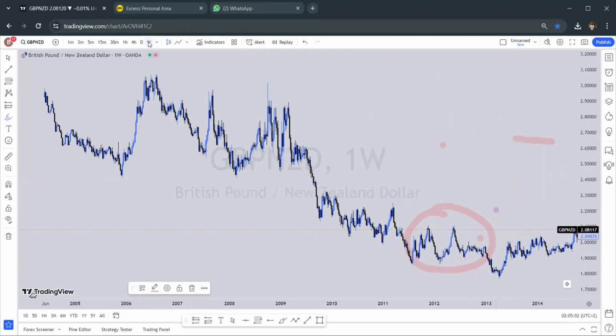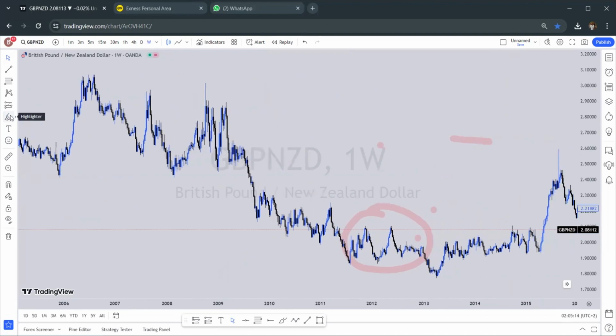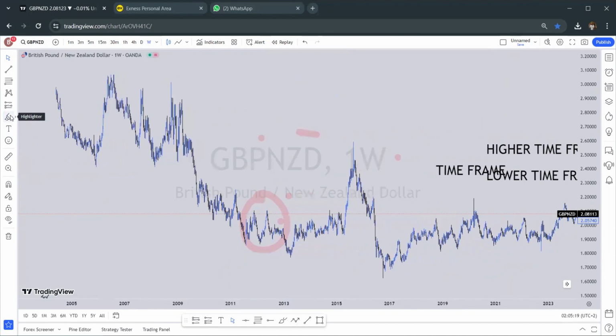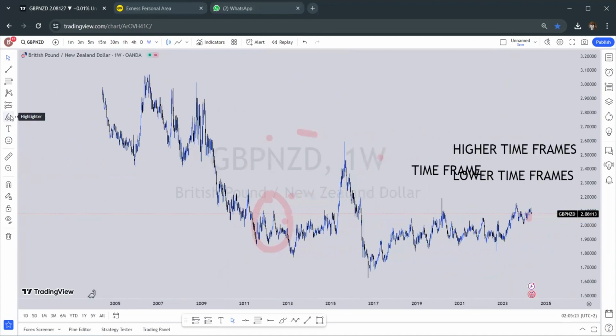And if you are to zoom, if you remember when market was at this edge, which gave us 2012 when we were using daily time frame, but now we are in weekly time frame.